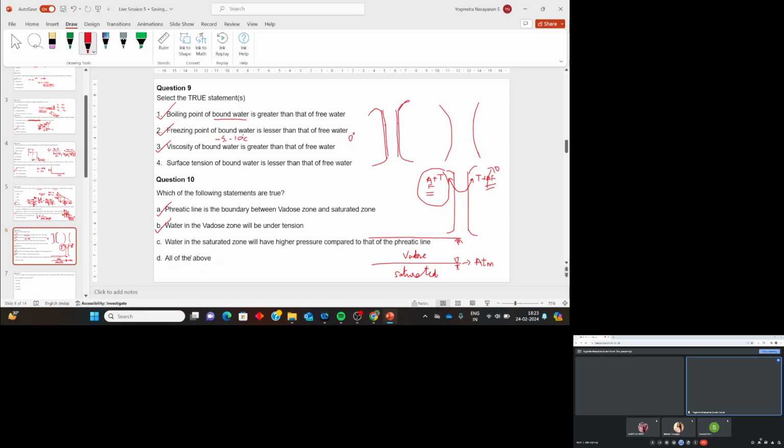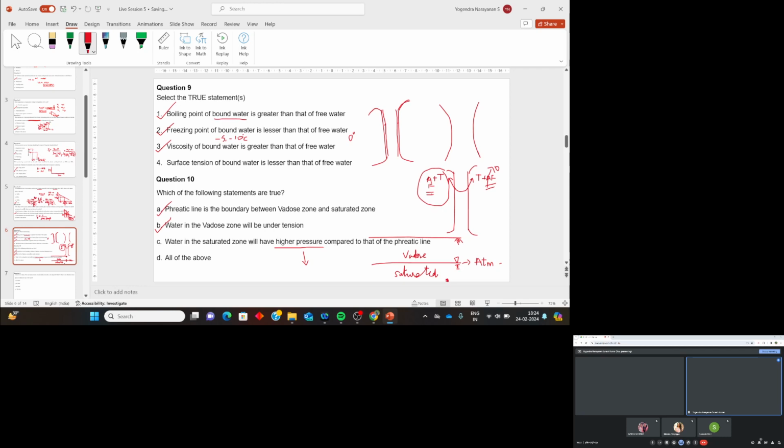Option C, water in the saturated zone will have higher pressure compared to that of the phreatic line. When you take the water table, this will be under atmospheric pressure. Higher pressure in the sense that it is pore pressure. So what will be the pore pressure at any point here?